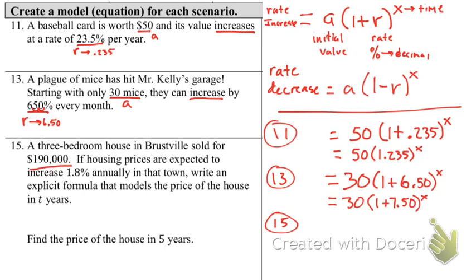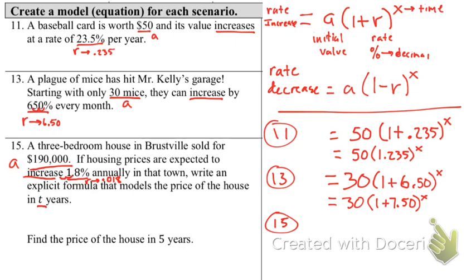So 190 is my A, 1.8 is my R, but remember we're going to move the decimal, and that decimal moves to the left twice, and that gives me 0.018, and it's an increase, so we're using the top formula. And then instead of my X, I'm using T for years.